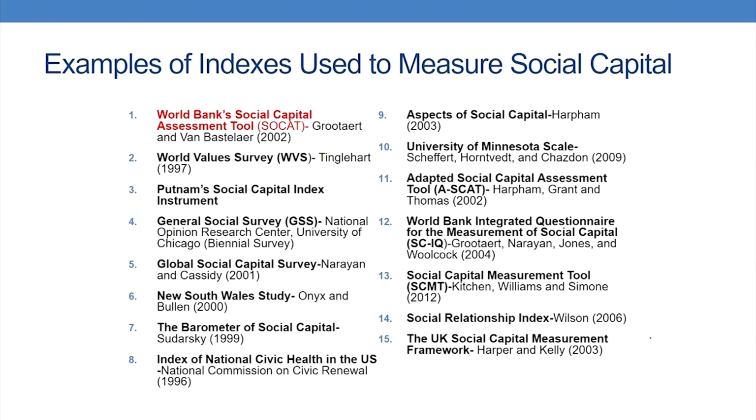I have looked into the details of the World Bank Integrated Questionnaire for Measurement of Social Capital 2004, which is freely available online, and I could see that the indicators that are used through this tool are extremely elaborate, and it could be adapted to various country cases and country situations.